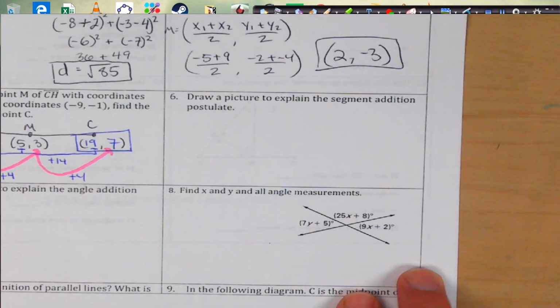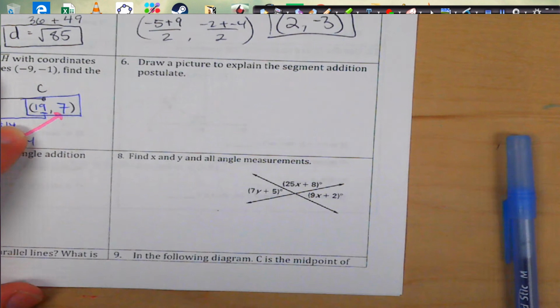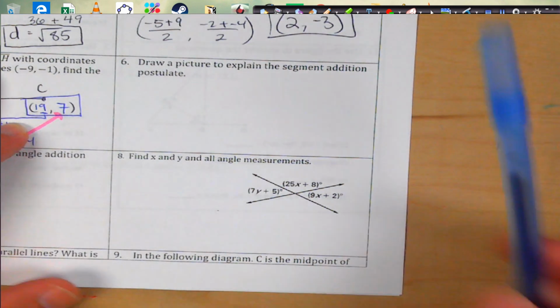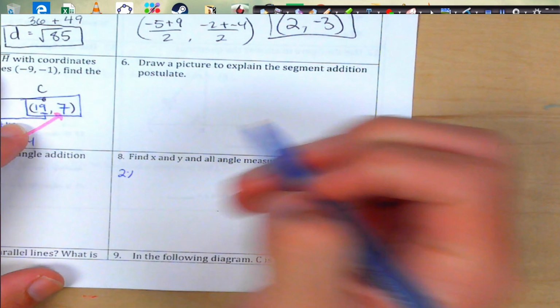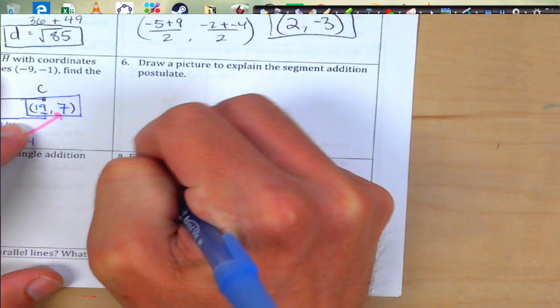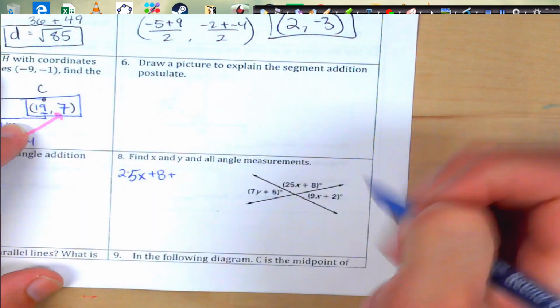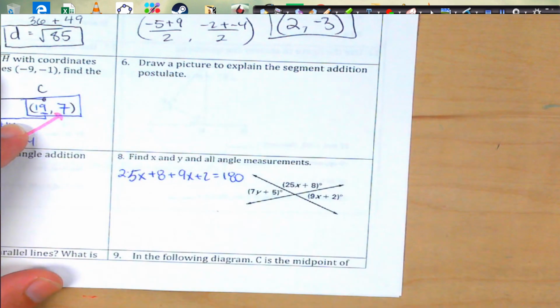Okay, find x and y and all the angle measurements. Okay, so first we've got to find x, because these two angles are a linear pair. So we're going to do 25x plus 8 plus 9x plus 2 equals 180. Again, because they're a linear pair, we can do that.